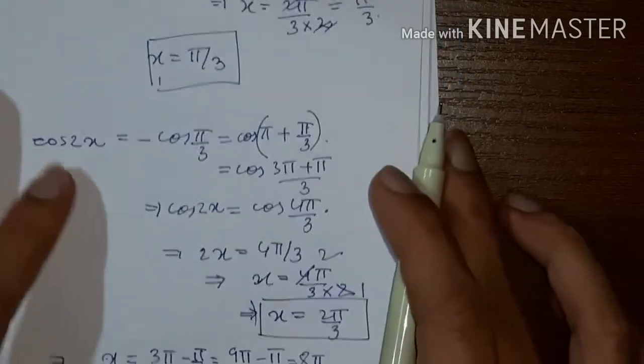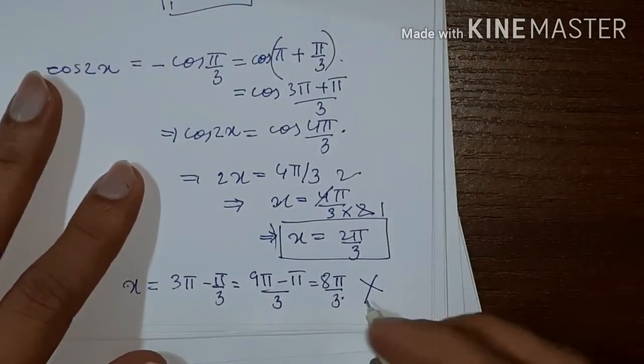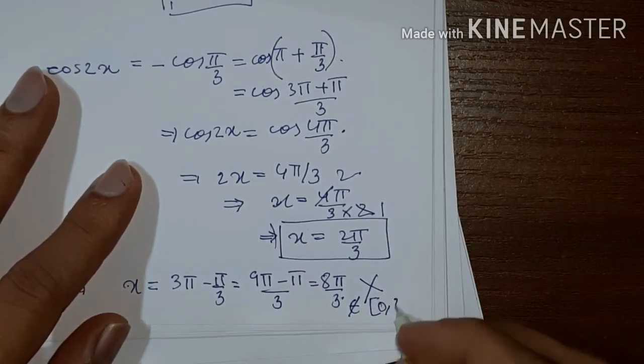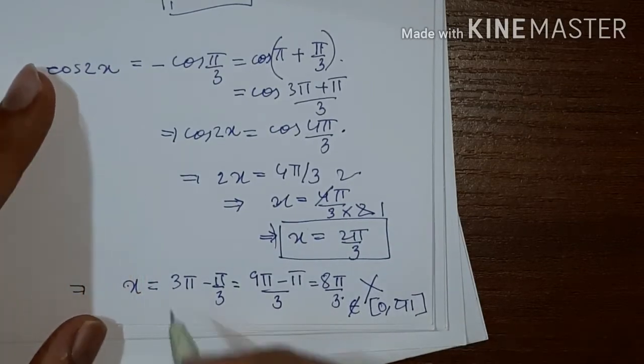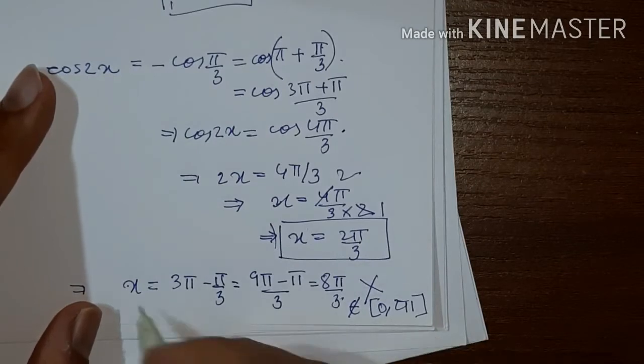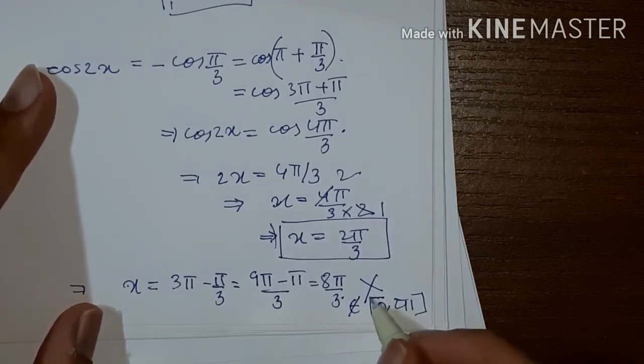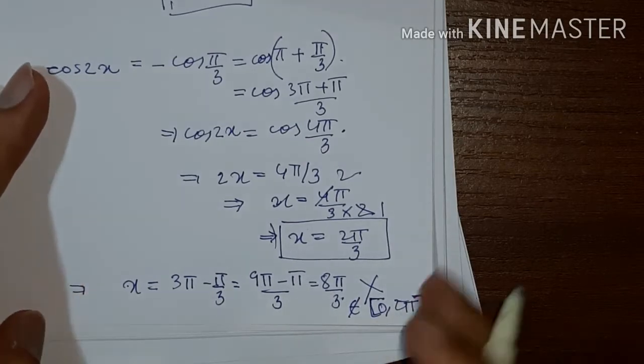But this is not the critical point. Why? Because 8 pi by 3 doesn't belong to 0 to 2 pi. This is the x value that you're getting, but the critical point should not be outside the domain. So this value is discarded and one more value will be there, which is in the third quadrant.